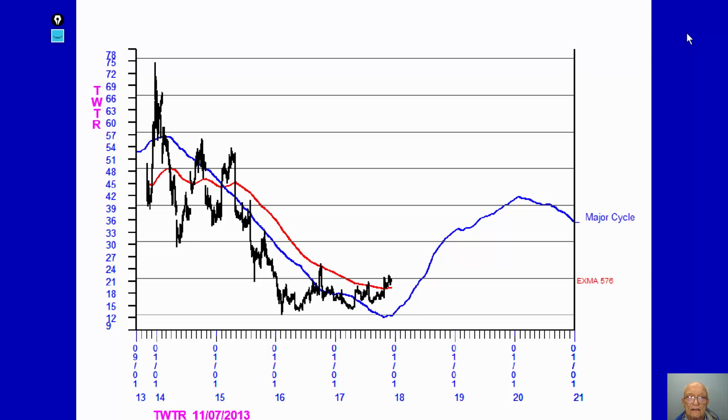And there's no better laggard in the world than Twitter. This is a daily chart from Twitter's IPO, just about 4 years. This day right here on my stock board, I noticed Twitter's up 8%. What? Twitter's up 8%?